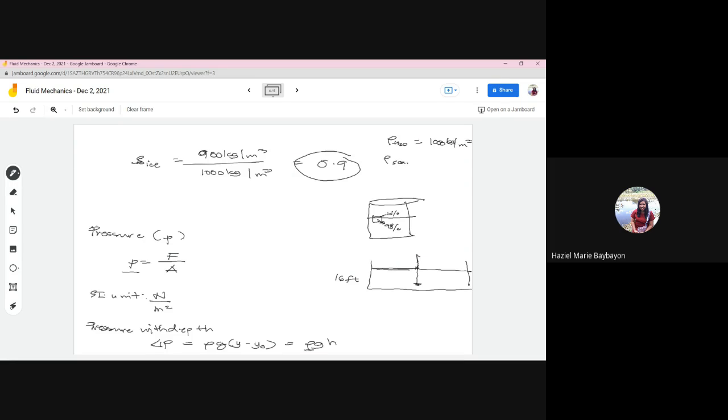For seawater, for example, if you are in a swimming pool, the pressure you experience is slightly smaller since the density of your fluid is smaller at the same height.